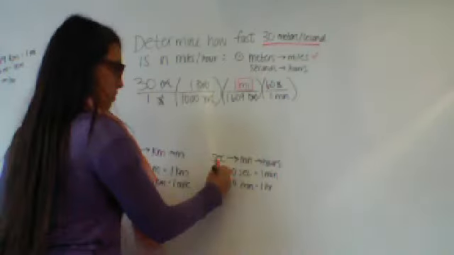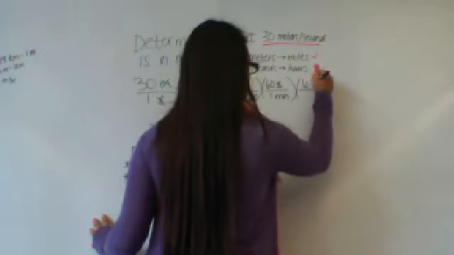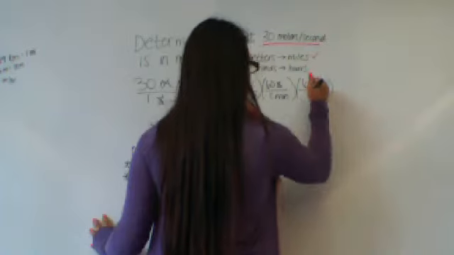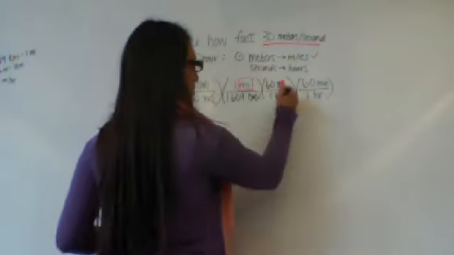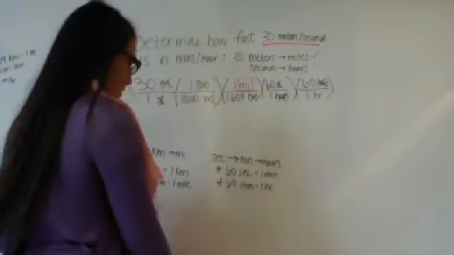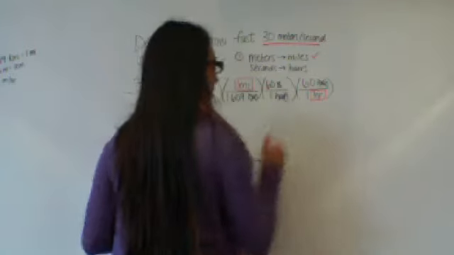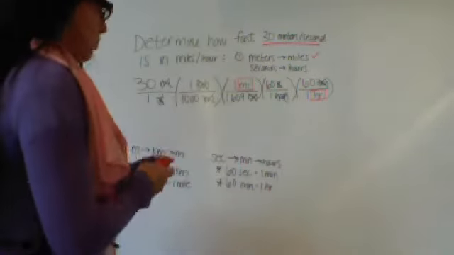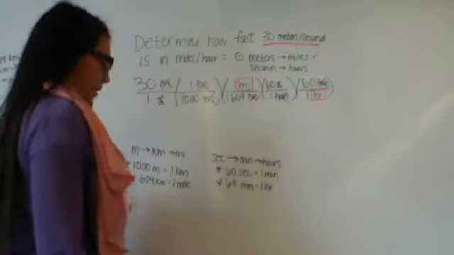So all we have to do is use this last unit conversion: 60 minutes in 1 hour. Now our minutes will cancel. And we can see that the only unit we have left is hours. So we have miles per hour, which is exactly what we wanted.